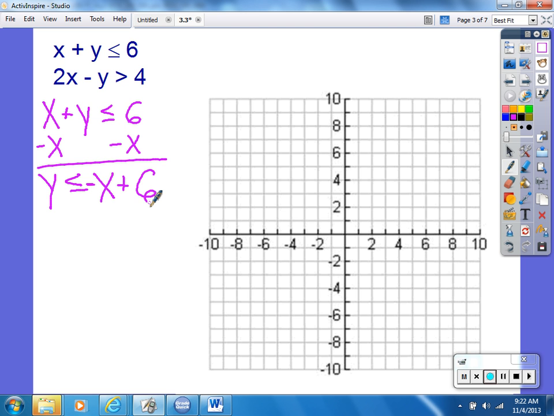Now, I know when you see an inequality, you're thinking you have to shade, right? And you will have to shade. We're actually going to change your method of shading here slightly. That way, when you're working on the project tomorrow, it makes it look a lot nicer. So go ahead and graph that line. Would it be solid or not? Solid. Go ahead and graph that solid line, but do not shade yet.